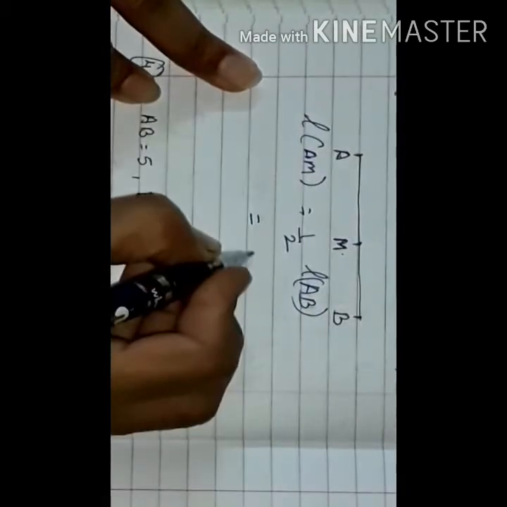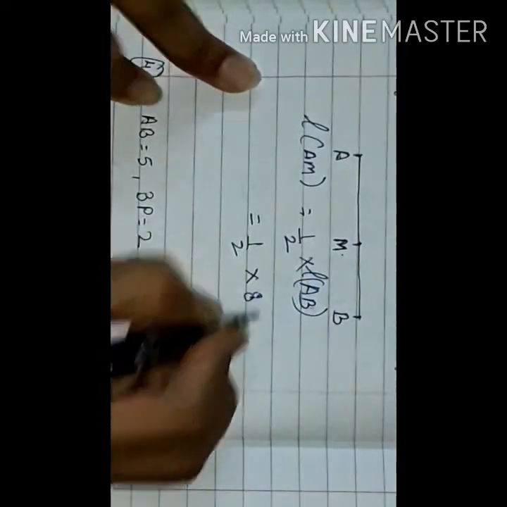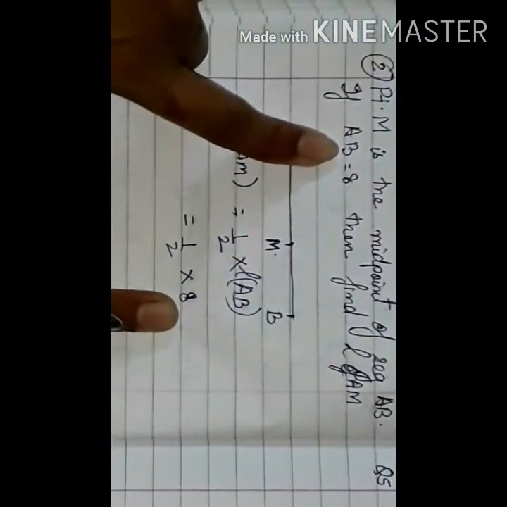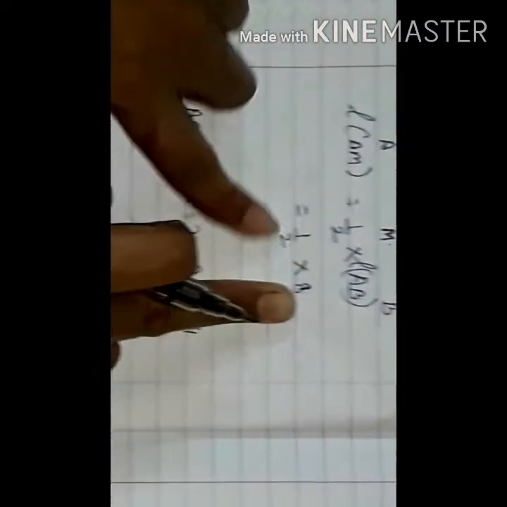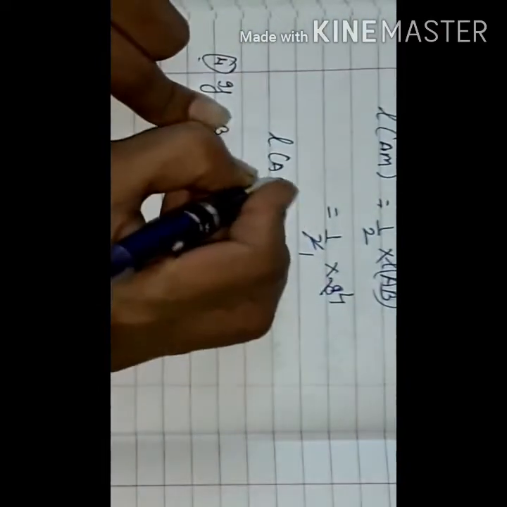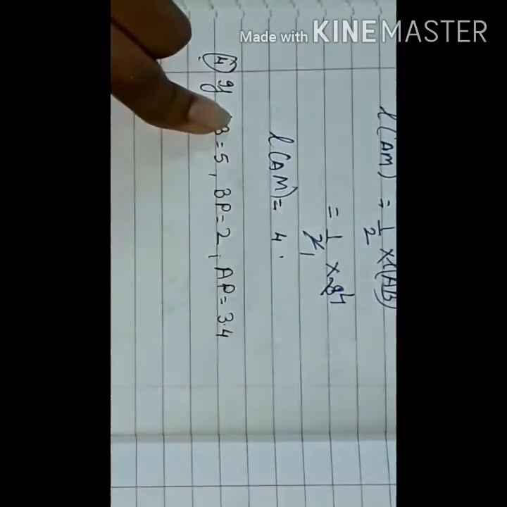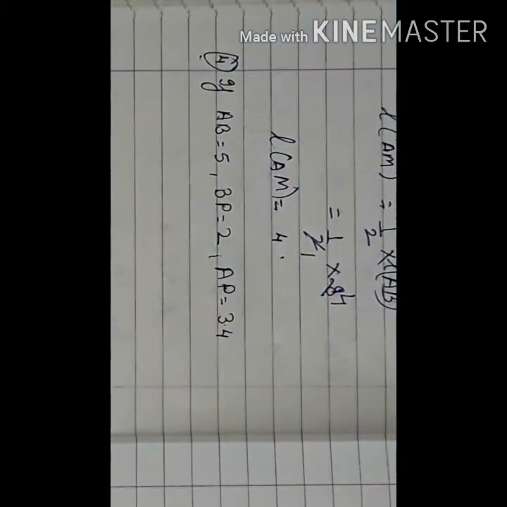We know that length of AB is 8 centimeter. They have given us. So place the value of 8 over here. Reduce this. You will get length of AM is equal to 4 centimeter. Only 4. Got it? In this way you have to solve the example. I'll take the fourth sum.